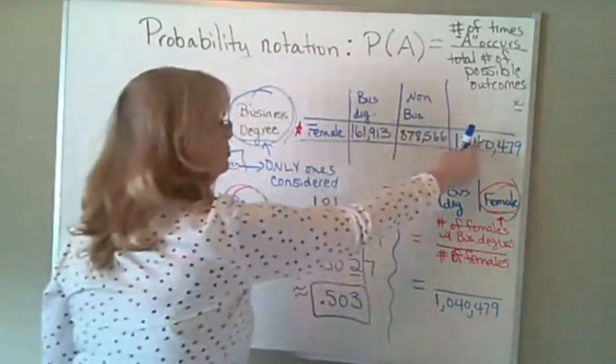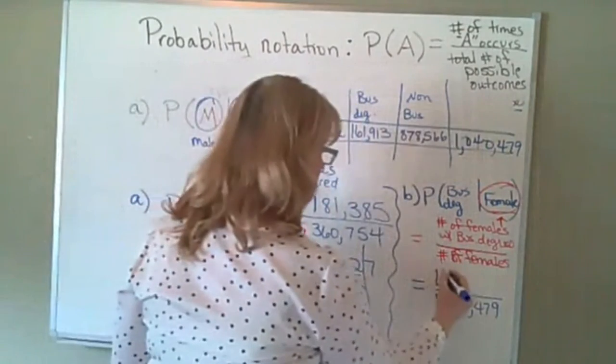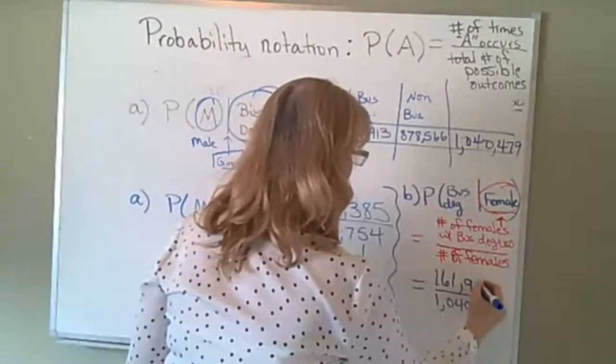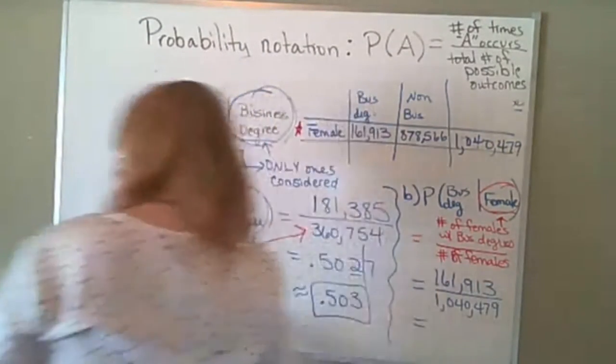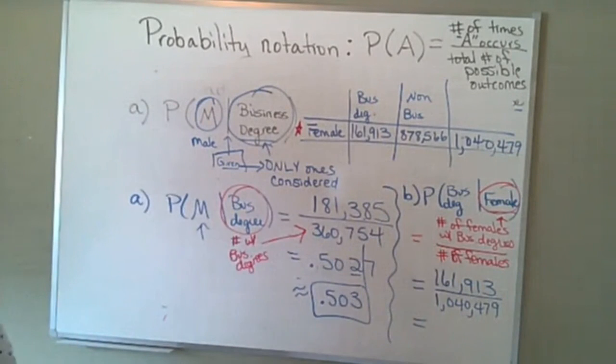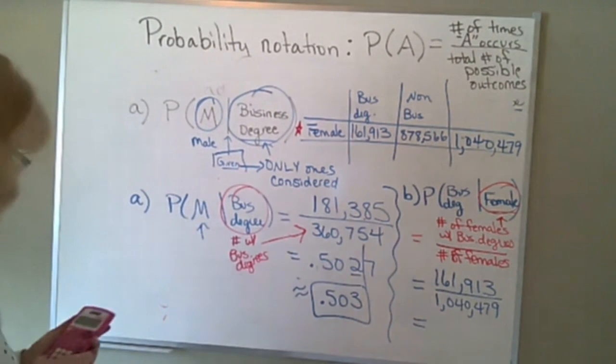And of those, the ones that have business degrees are the 161,913. And again, we're going to do that division to find the probability. And this one wants us again to round to 3 decimal places.